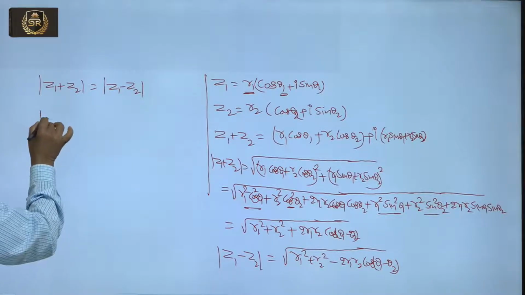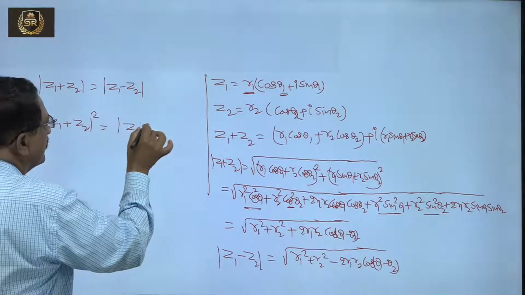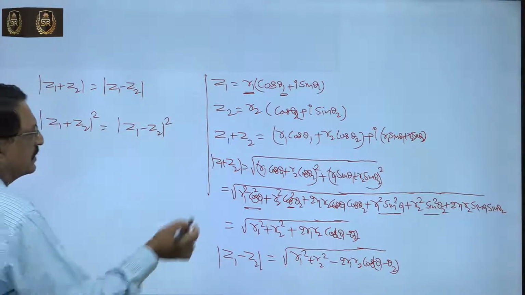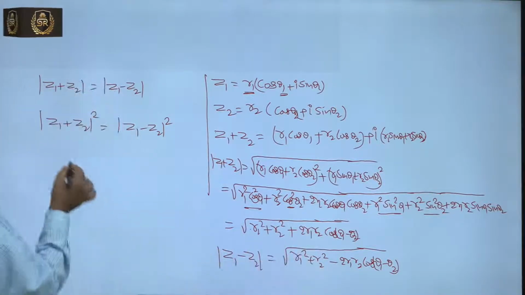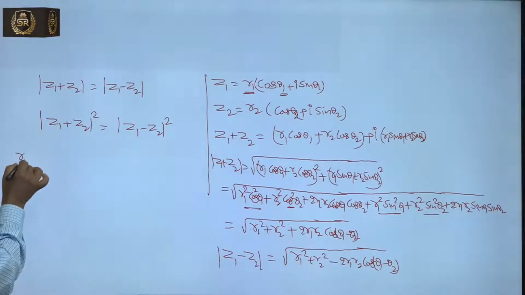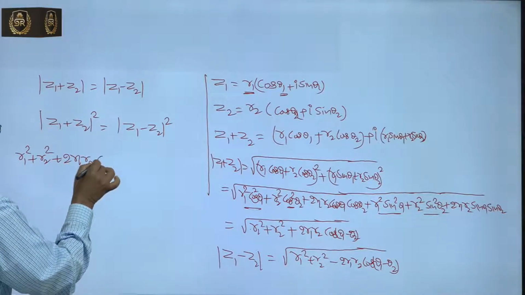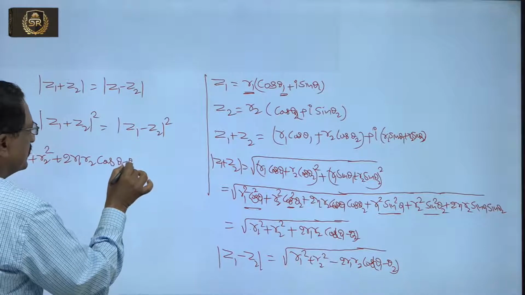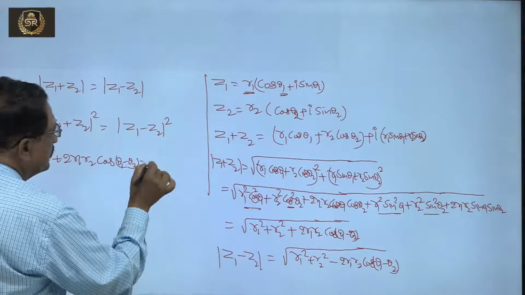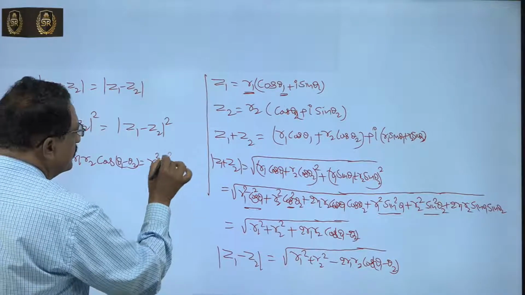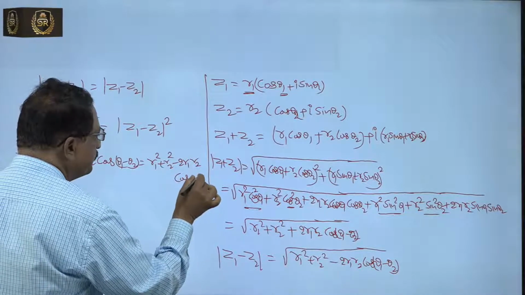Now squaring on both sides, mod of z1 plus z2 whole square equals mod of z1 minus z2 whole square. Now both are equal: r1 square plus r2 square plus 2 r1 r2 cos of theta 1 minus theta 2 equals r1 square plus r2 square minus 2 r1 r2 cos of theta 1 minus theta 2.